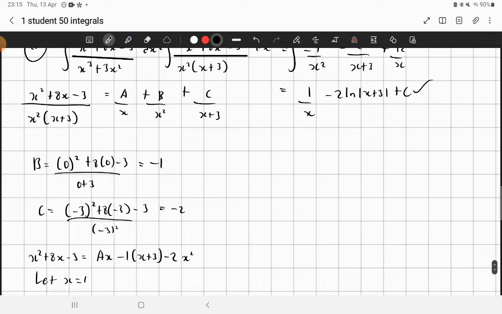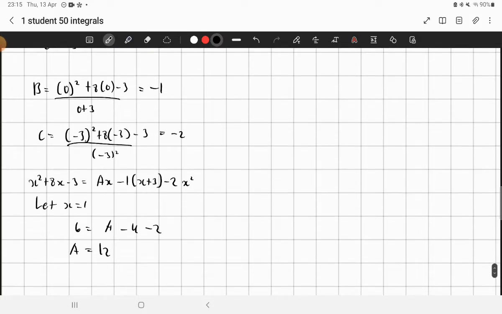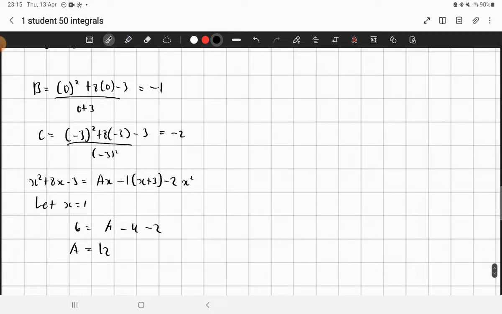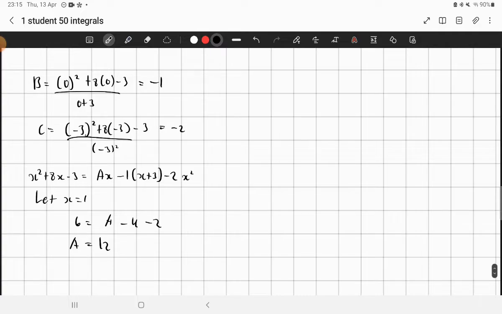x plus 3, -2x squared. Let's take x as 1. -4, -2. Did I make any mistake here? Hold up.